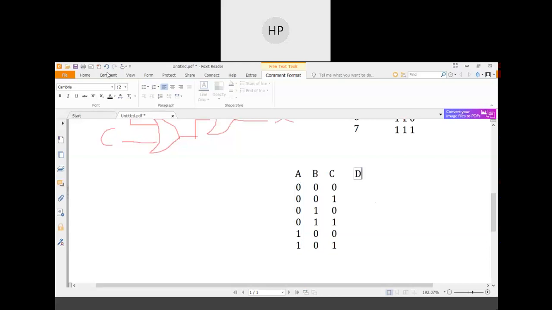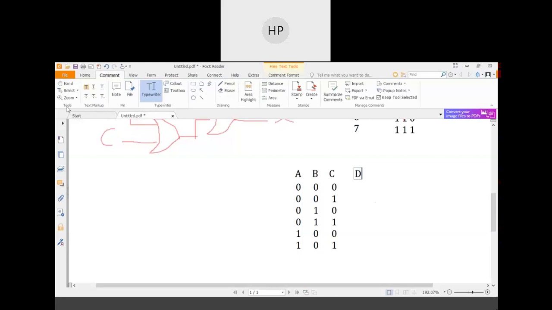So that is how you construct this. Now assume you have 4 inputs. Let's say I have another input, D. Now what happens?